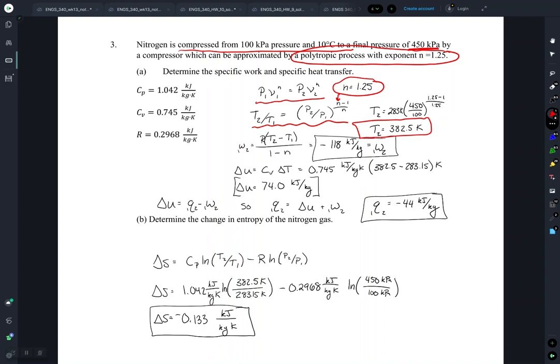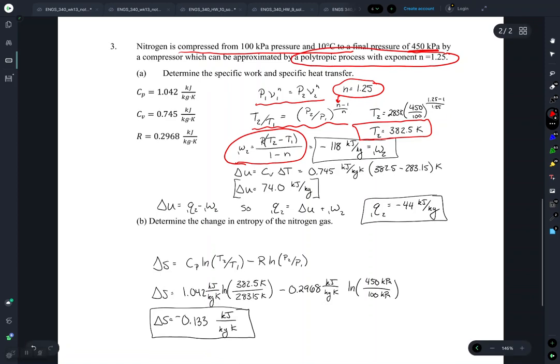Then we're looking at an equation like this one for work. This is a path-dependent equation. We need to figure out what n is. For a polytropic process, this value of n is just 1.25. If we had a different process, like a constant volume process, then n is infinity. And we can use the same equation, but we have to put a very different value of n.